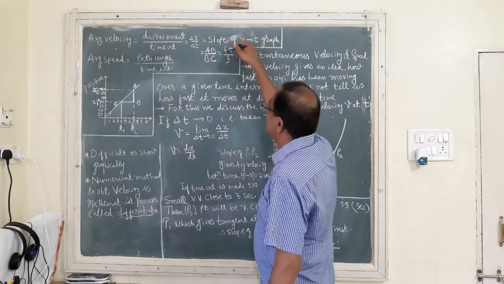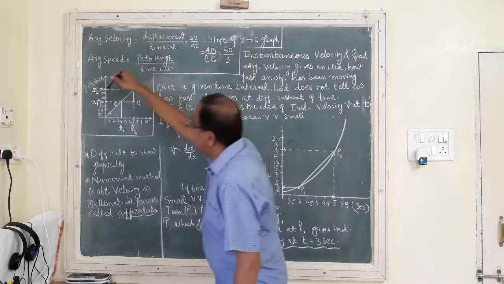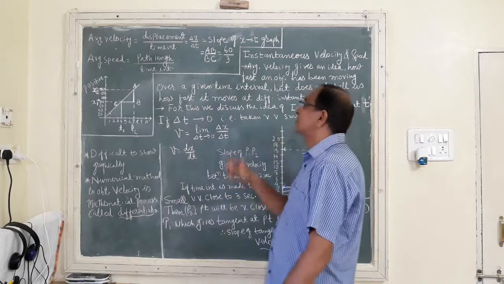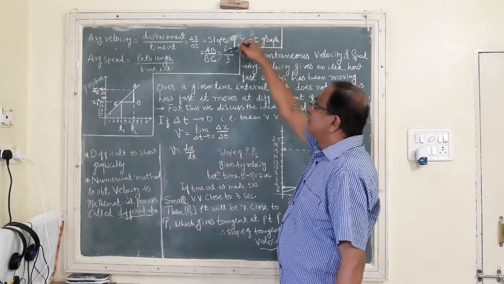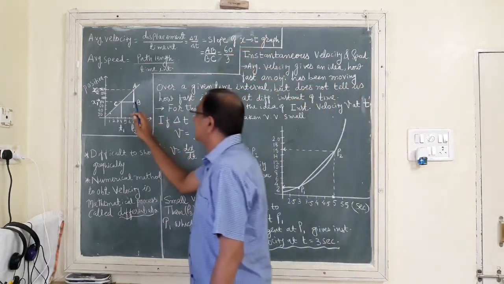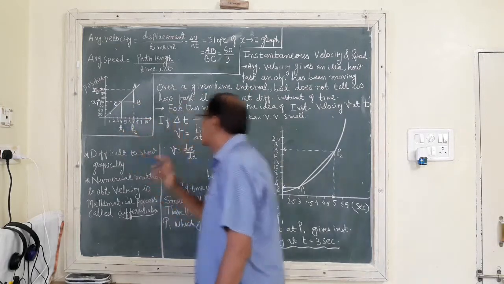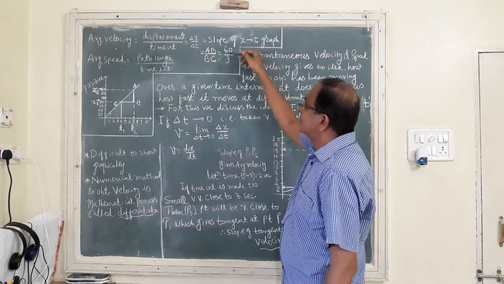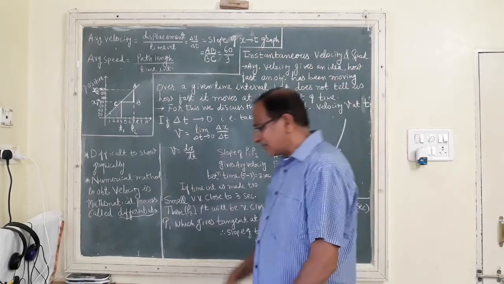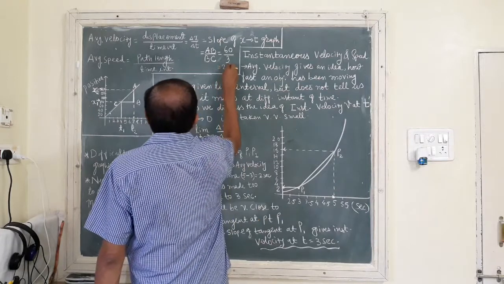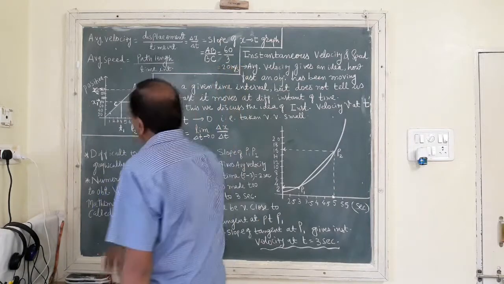So displacement is 60, that is final position 140 minus initial position 80. So 60 divided by the time interval for that displacement, 7 minus 4, which is 3. So 60 divided by 3 will give you 20 meter per second. This is your average velocity.